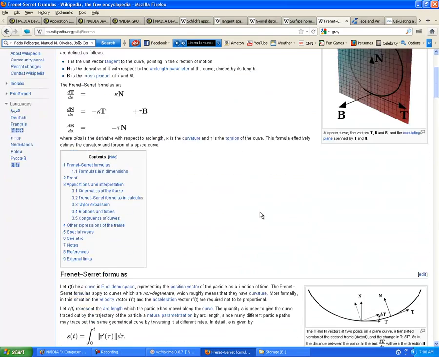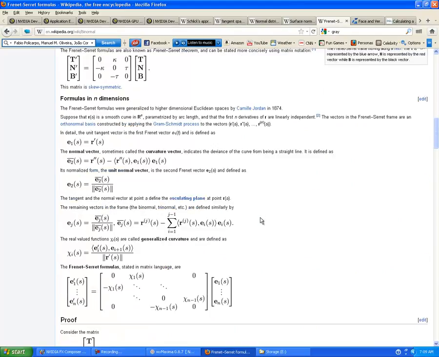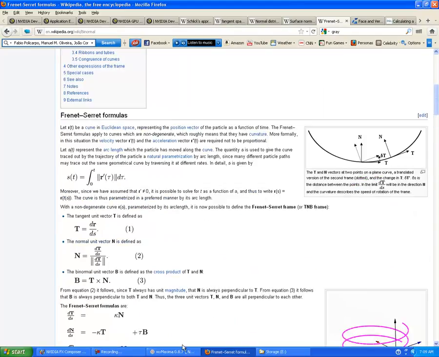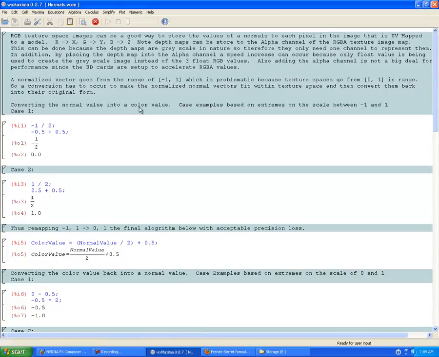We don't care about what the magnitude of the vector was. So these are all going to be normalized normals. But your normalized normal is going to have a range of -1 to +1, right? And so, of course, your texture space only goes what? 0 to 1. So that's a bit of a problem. Doesn't exactly fit.